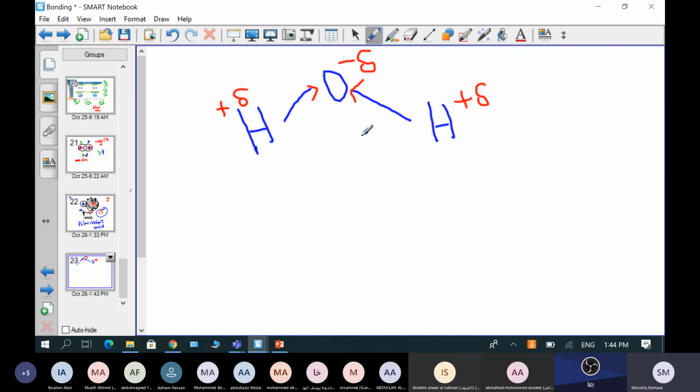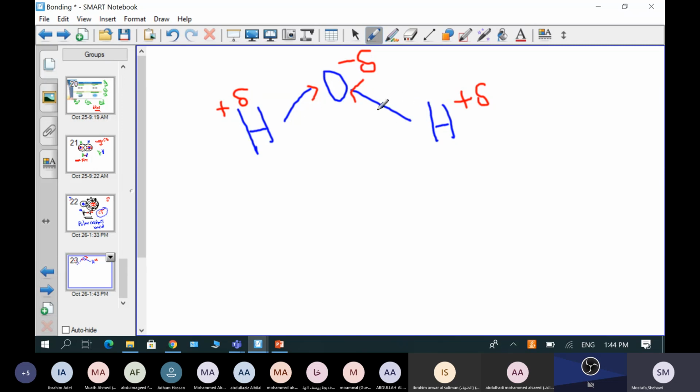This is a water molecule. So the water molecule is what? A polar compound. Again, the bond here between oxygen and hydrogen is polar. The covalent bond between hydrogen on the other side and oxygen is also polar. The molecule of water as a total is a polar compound.